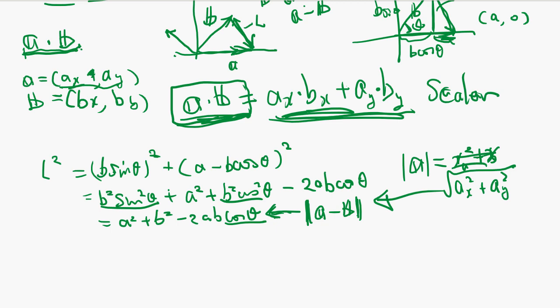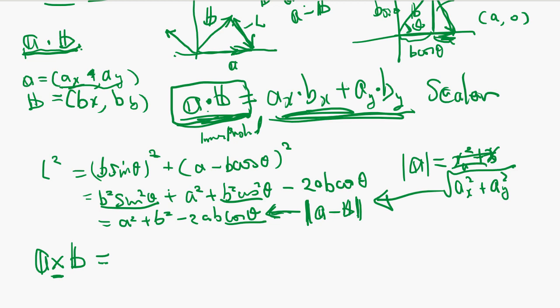And how about area? There is another multiplication defined. This is called the inner product. And the outer product, we write with x instead of a dot.